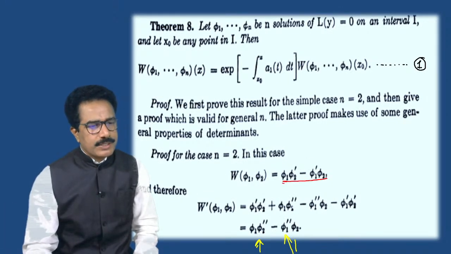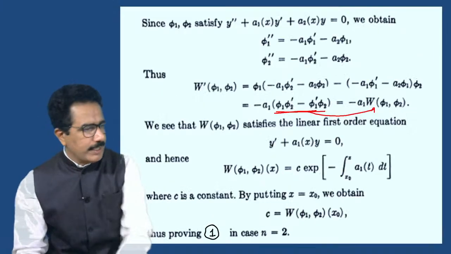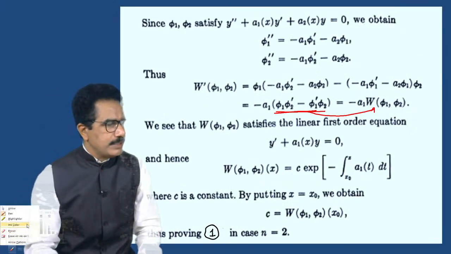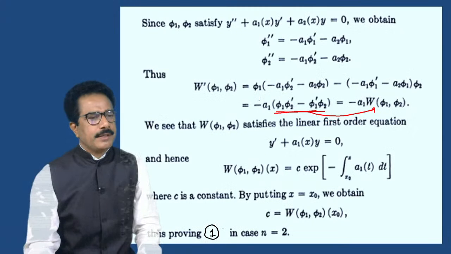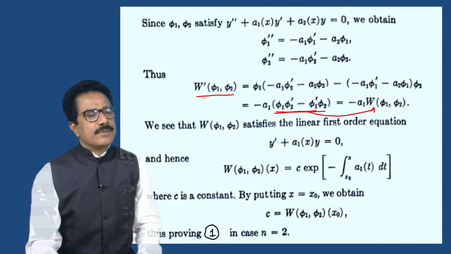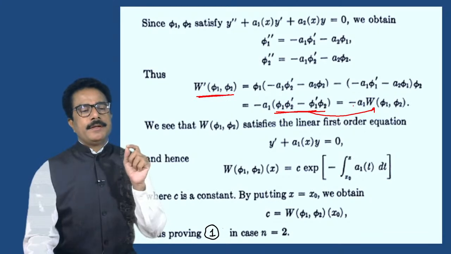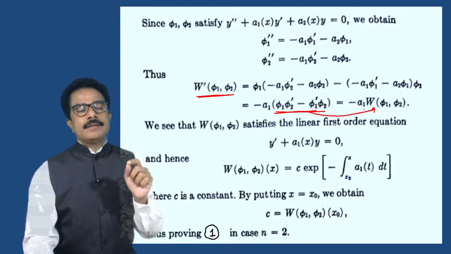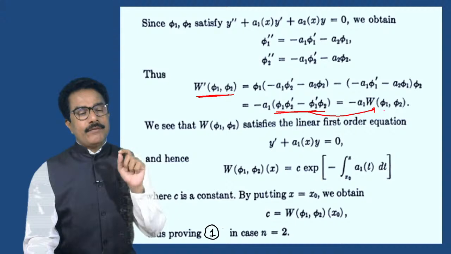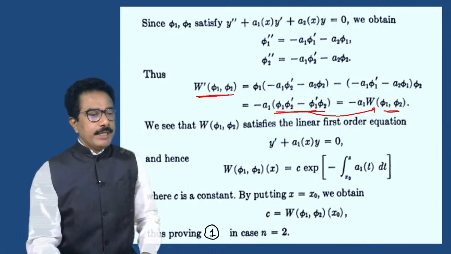This gives the result that the Wronskian dash of phi1 comma phi2 is equal to minus a1 times the Wronskian of phi1 comma phi2.